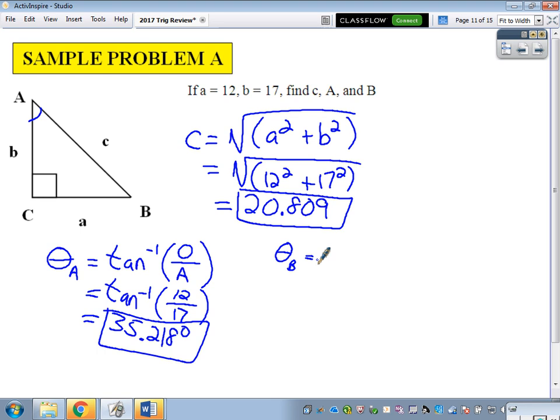Roman, while we're working on this, why don't you let me know, what did you do? What was your method to find angle B? I did angle B equals the opposite over adjacent. Okay, hopefully an inverse tangent. Yeah.